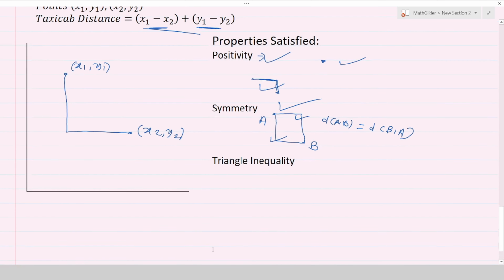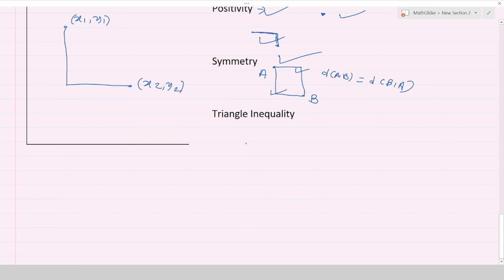Now let us see the triangle inequality property. You take 3 points A, B and C, and you want to check that the distance between A to B should be less than or equal to the distance between A to C plus the distance between B to C. This is what you have to check. The distance between A to B is this.